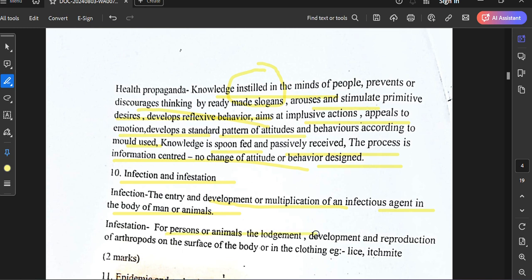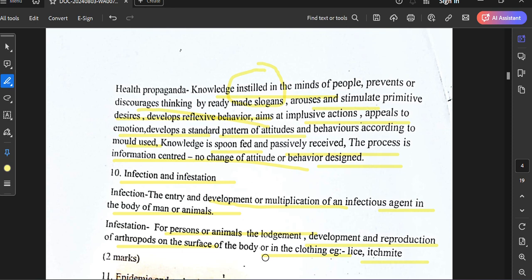But in infestation, for persons or animals, it is the lodgement, development, reproduction of arthropods on the surface of the body or in clothing. Example, lice, itch mite, etc.